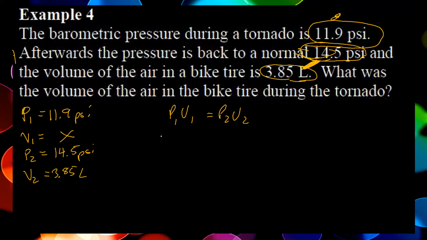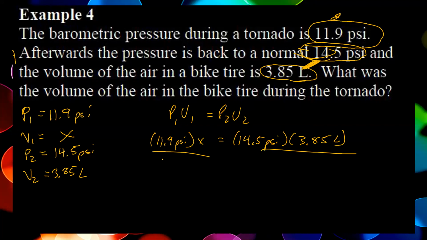I'm going to take 11.9 psi's times X to get 14.5 psi's times 3.85 liters. Let's divide by that 11.9 psi's.